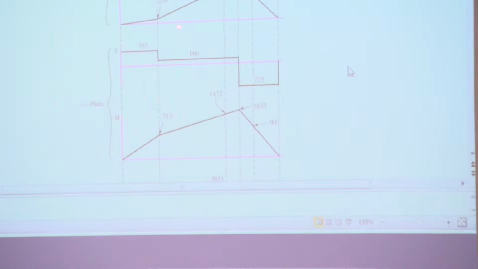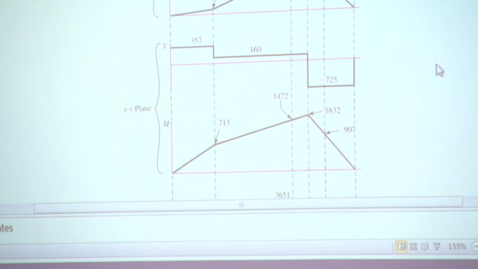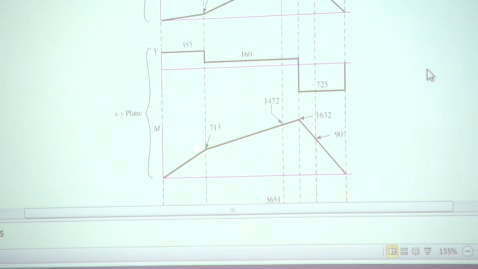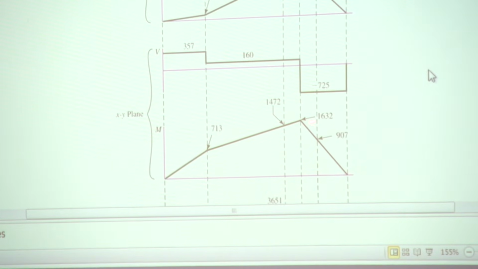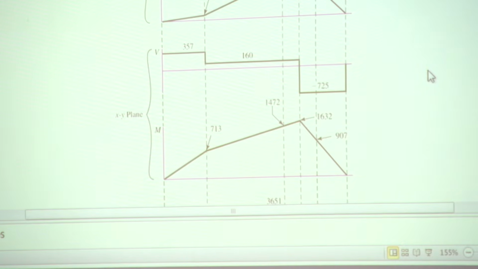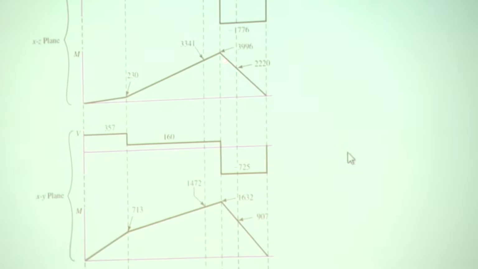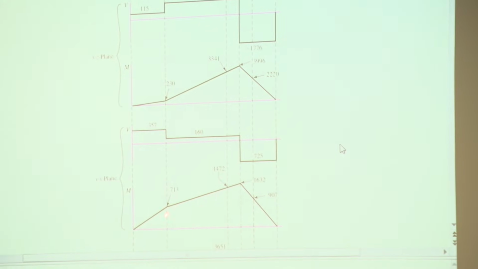And you get two moment equations, and notice that if your moment equations are linear, such as these two are, then you have 2 points in here of relatively high moment. You have 2 points here of relatively high moment. In this case, it's obvious that the maximum moment occurs here because this is larger than that one and that's larger than this one.